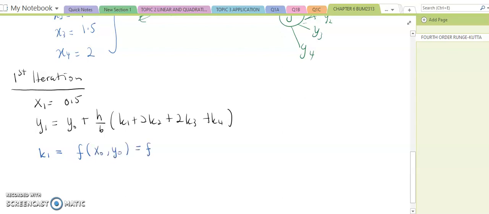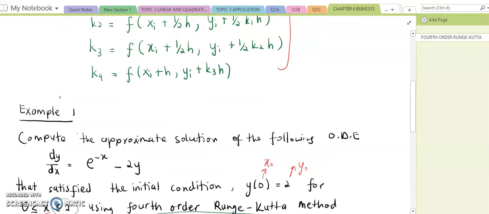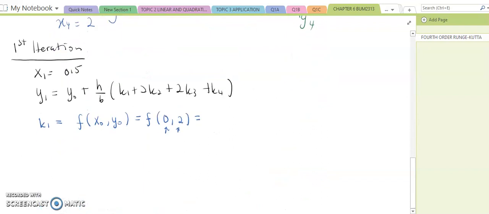So f of x0, y0, where our x0 is 0 and y0 is 2. You just substitute 0 and 2 into the f function. Our f function is this one, the dy over dx. So f of x, y is exponent of negative x minus 2y.